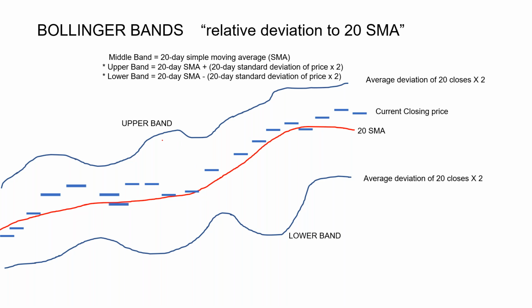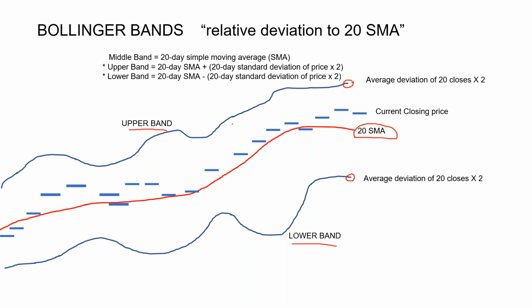When you look at a Bollinger Band, the upper band here and the lower band are centered around a 20 period simple moving average. The band width is the average deviation of 20 closes times 2. So it looks back at the last 20 periods against the 20 period average, looks at the distance the closing price is away from the average, multiplies it by 2, and plots the value of the Bollinger Band here.